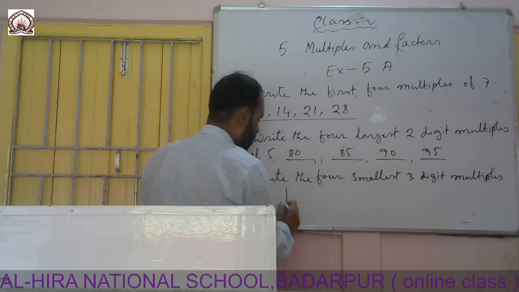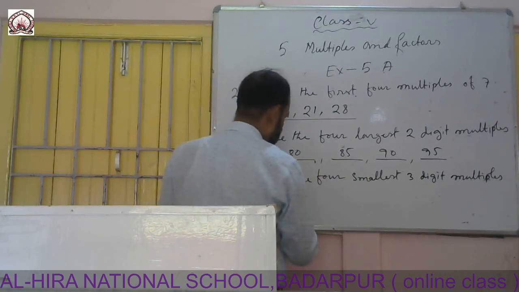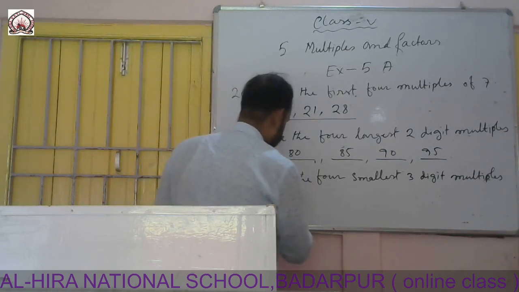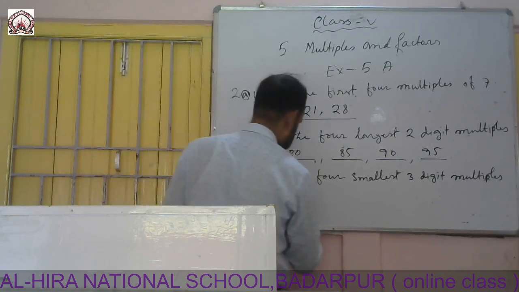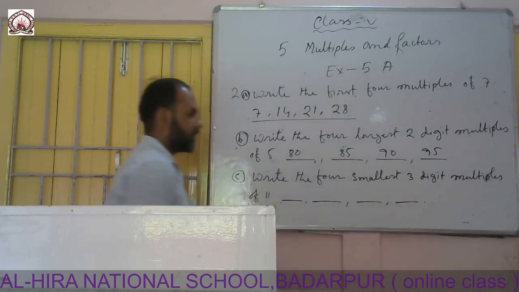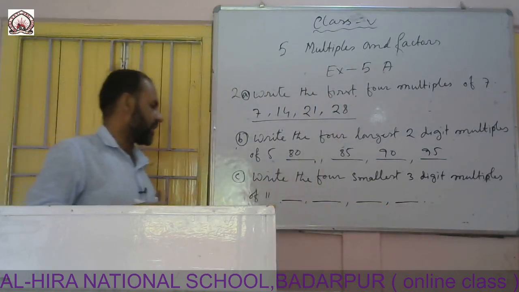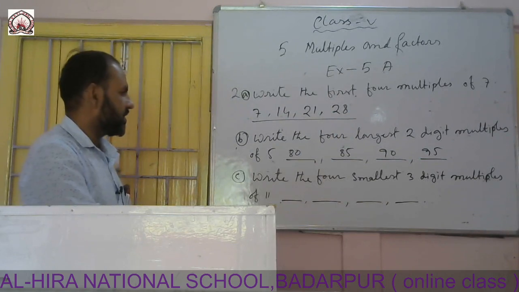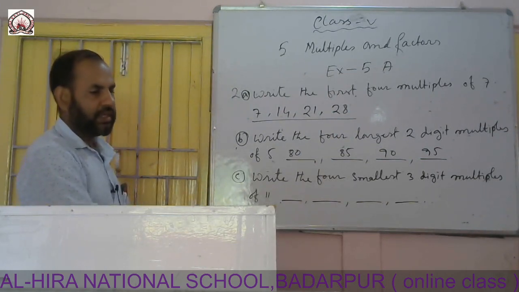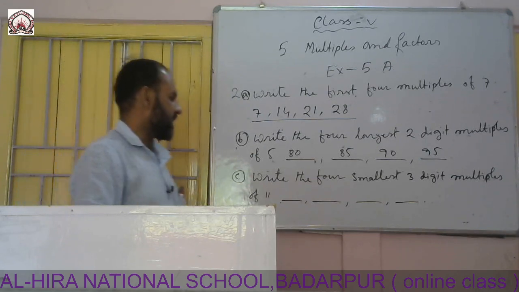So 3-digit numbers start from 100. Now we search for the first 3-digit smallest multiple of 11. We know 11 nines are 99.